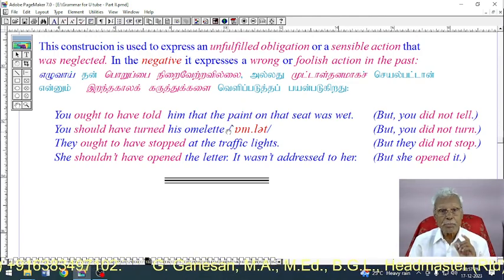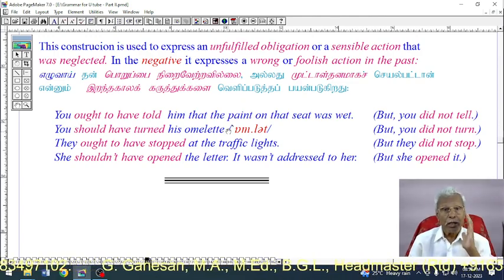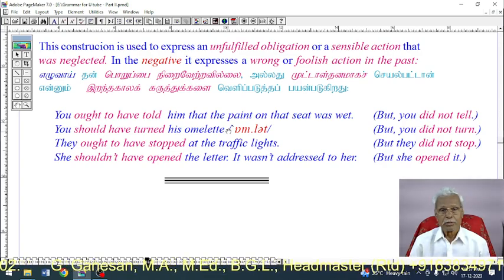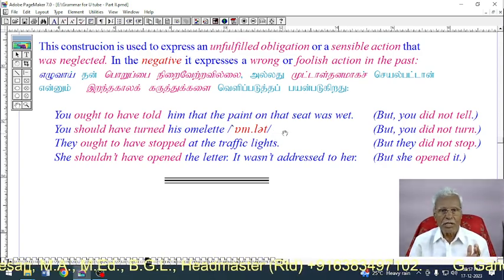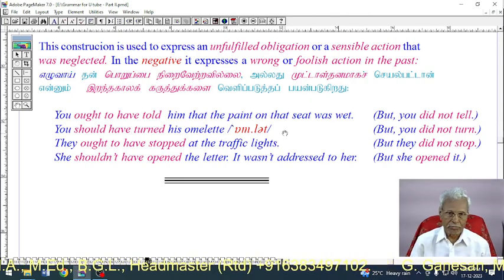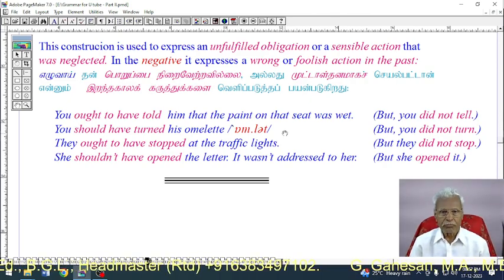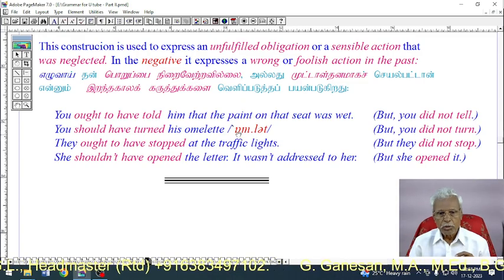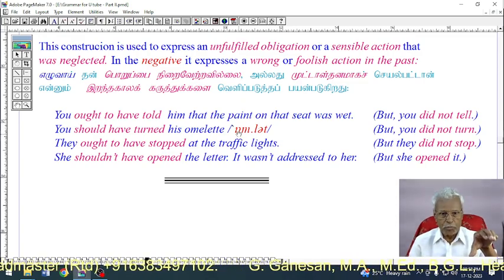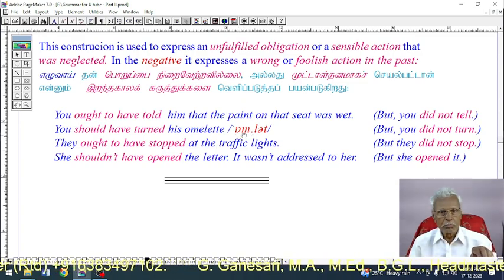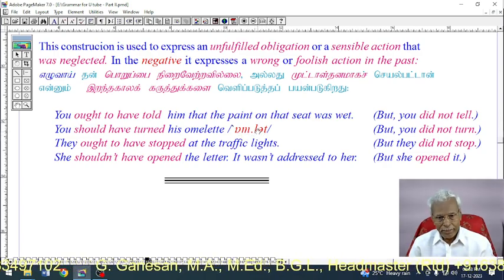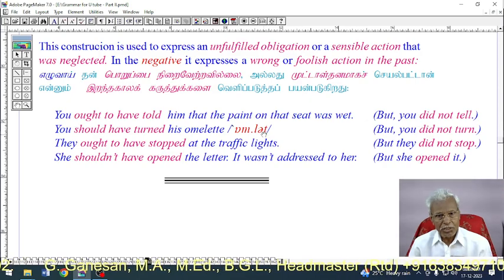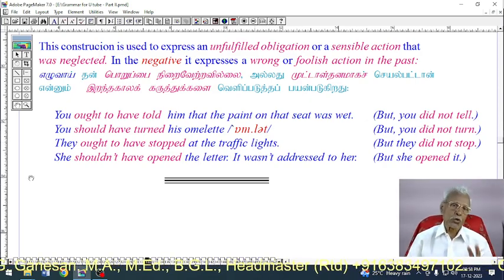But actually, its pronunciation, according to Daniel Jones, in the IPA, International Phonetic Alphabet, is om-let, omelette, two syllables.